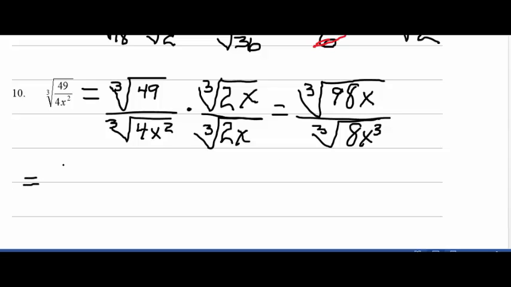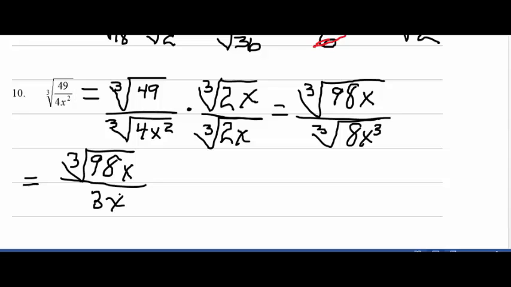And so in the numerator I have the cube root of 98x, in the denominator I have the cube root of a perfect cube, which is 8x cubed. So in the denominator I get 2x.